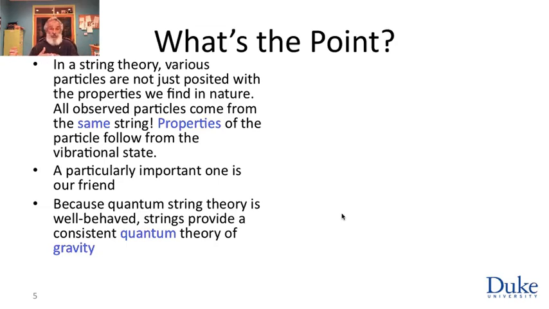In string theory, I never said anything about what kinds of string I have. I just said I have a string. And it turns out that there's only one universal kind of string, and all the observed particles in nature are posited to come from the same string, and the properties of the particles, as I said, are encoded in their vibrational state.